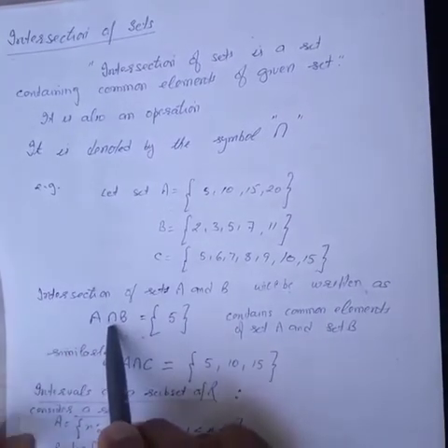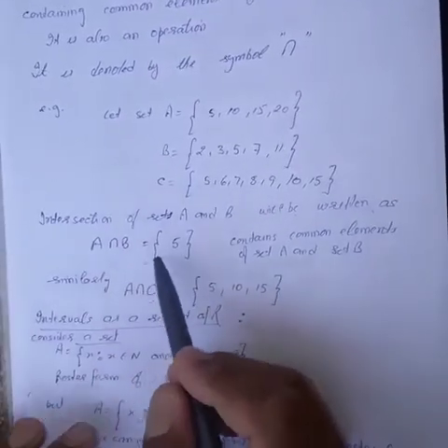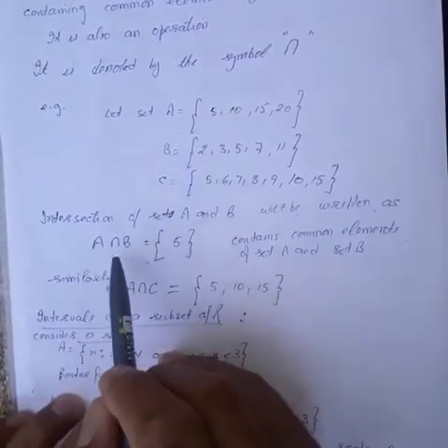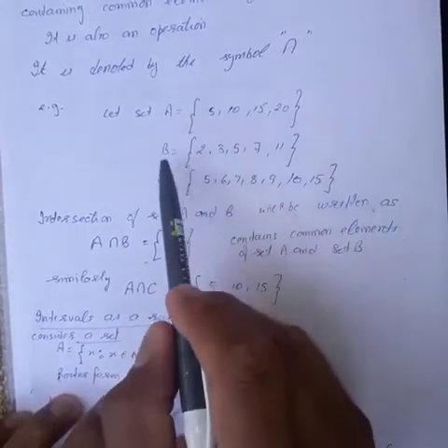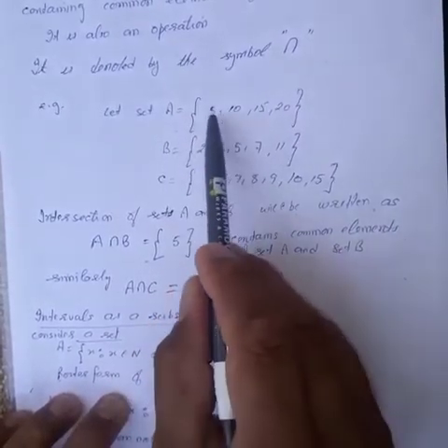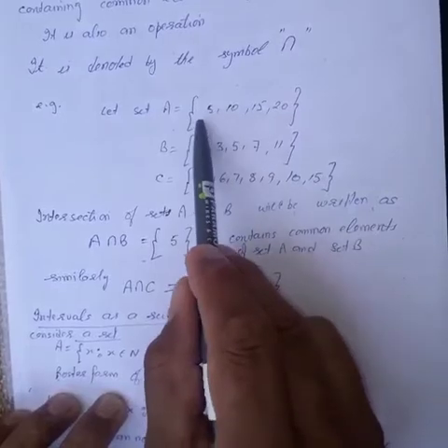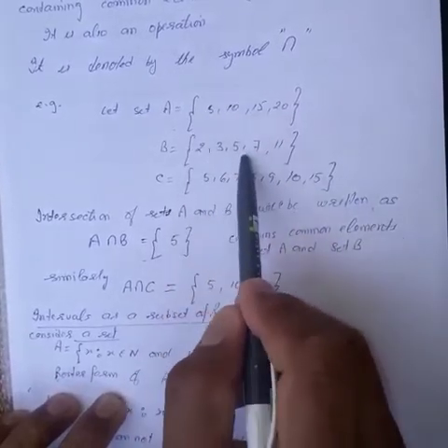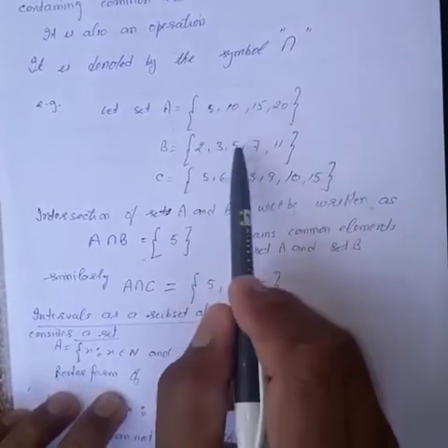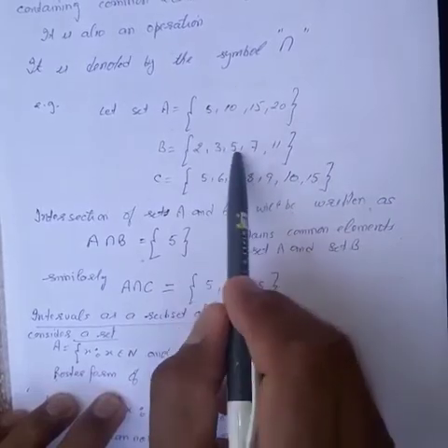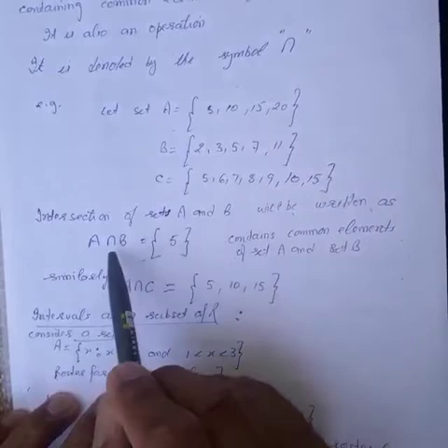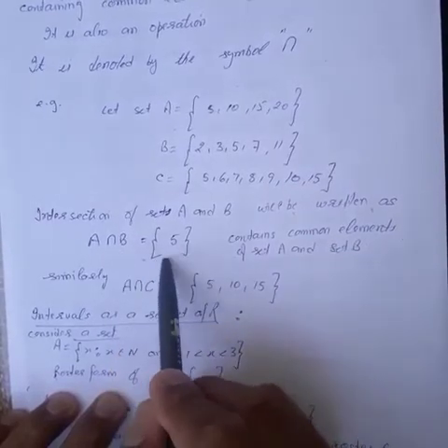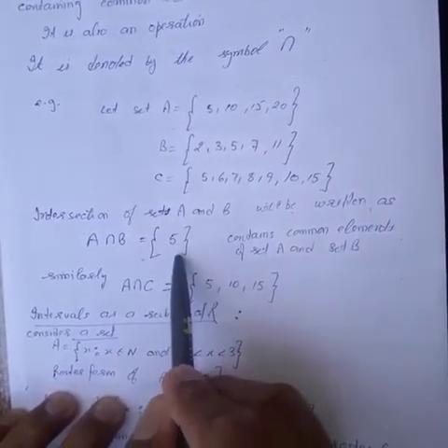Now what is the procedure to write down the intersection? The intersection set contains the common elements of A and B. We will try to find the elements which are present in A as well as in B. We can see only 5 is present, which is the common element. So write down 5 inside the set brackets. So A ∩ B is a set containing one element, that is 5.